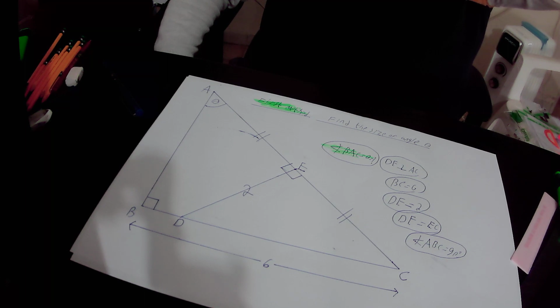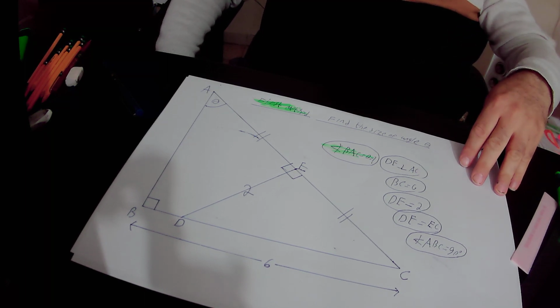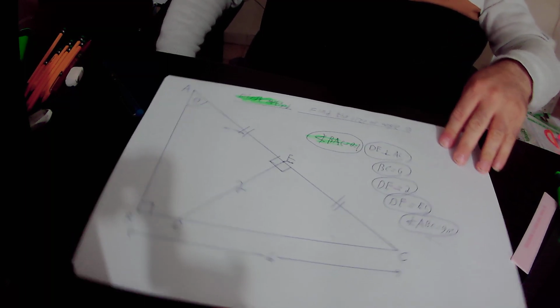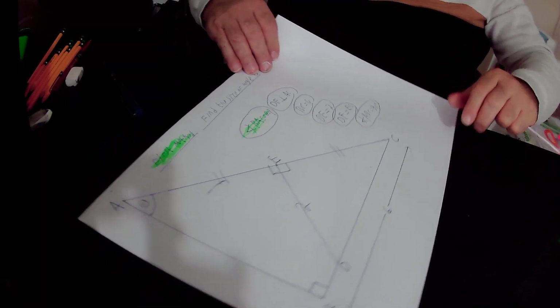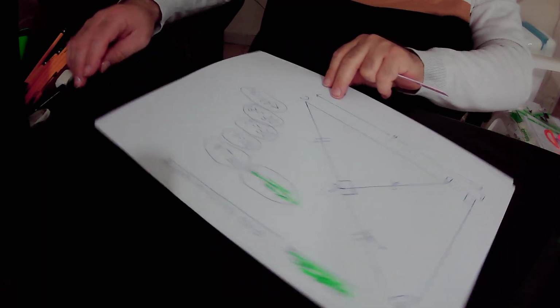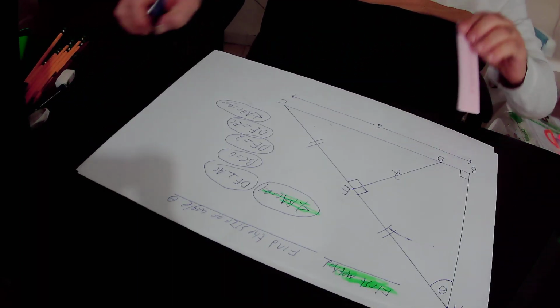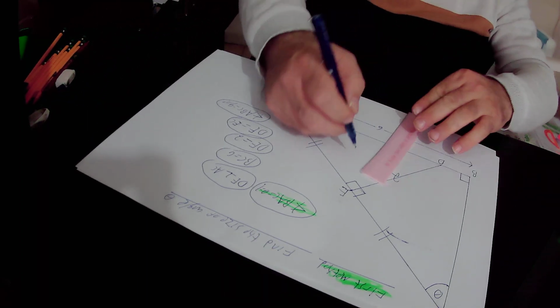So here we will draw a construction. From point E we will draw a perpendicular on BC. I will repeat again. From point E we will draw a perpendicular on BC.